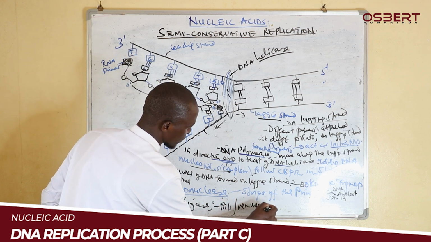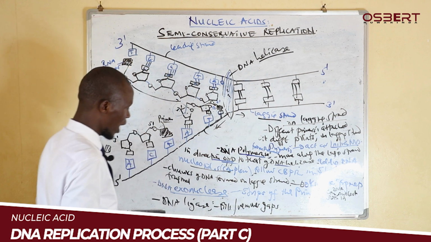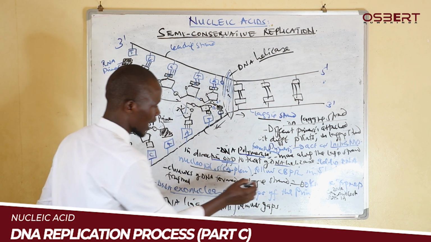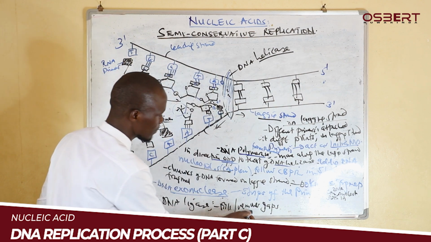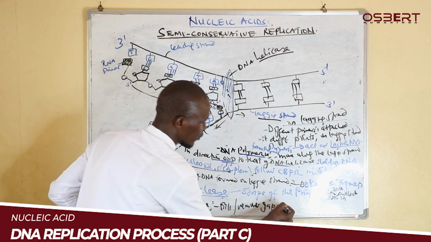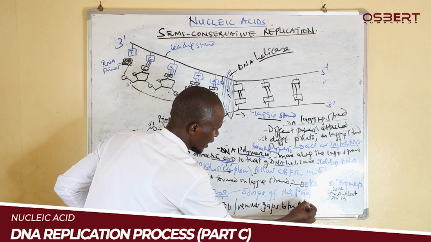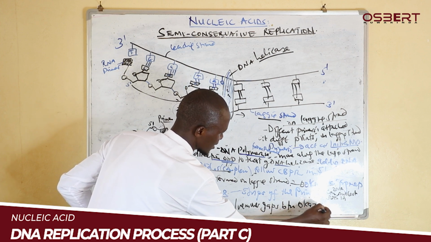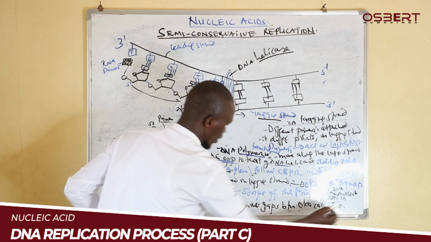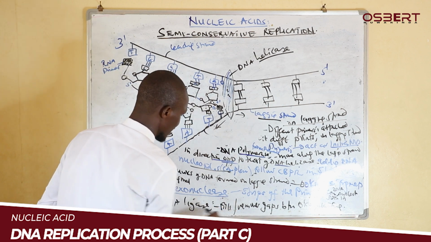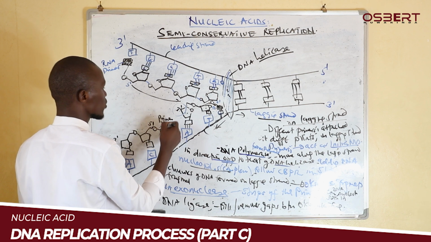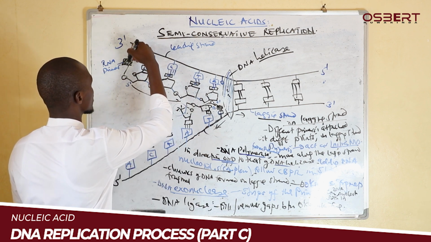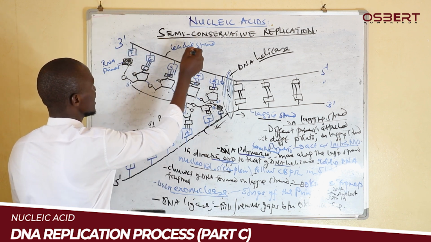So DNA ligase comes and fills up or removes the gaps. Why are these gaps remaining? These gaps remain between the Okazaki fragments. So the DNA ligase fills up the gaps formed between the Okazaki fragments. Remember, these things would also be removed on the leading strand.